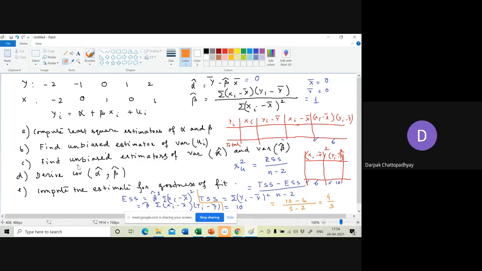Variance of beta hat is RSS by n minus 2 by summation xi minus x bar square. First tell me the basic formula, the actual formula, not the formula for the unbiased estimator. What is the basic formula?